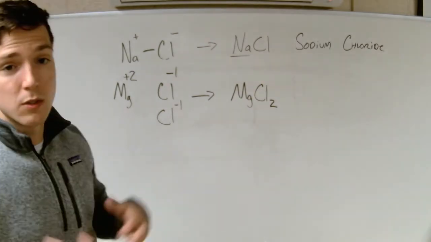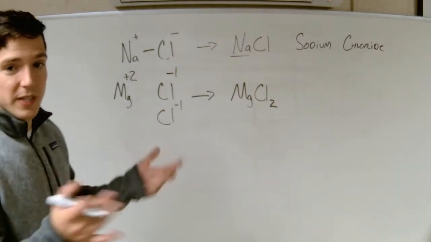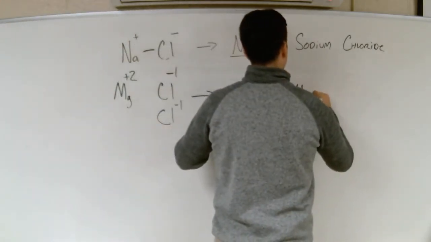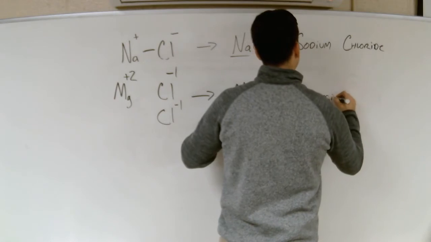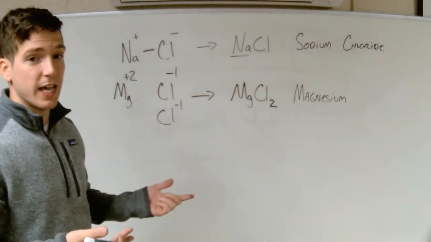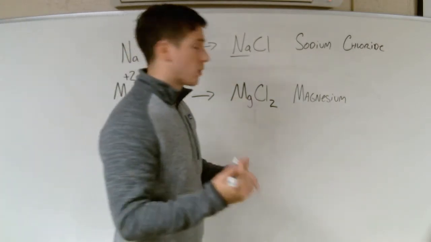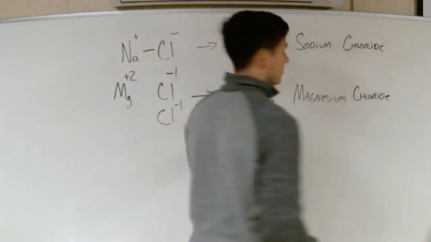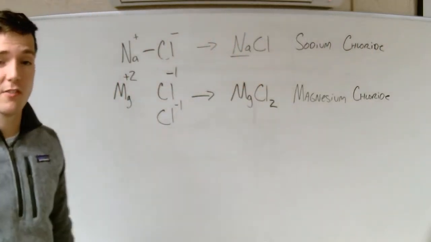All right, what's the name of this guy? We combine them, right? First element, we just say magnesium. And then Cl, chlorine, just becomes chloride. It doesn't matter if there's 2, 3, 4, or 6 of them, it's just chloride.